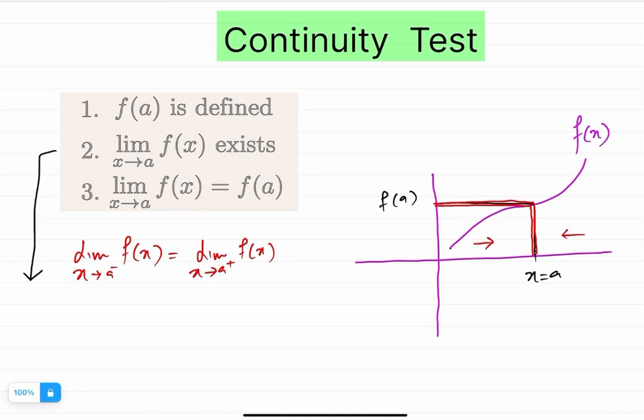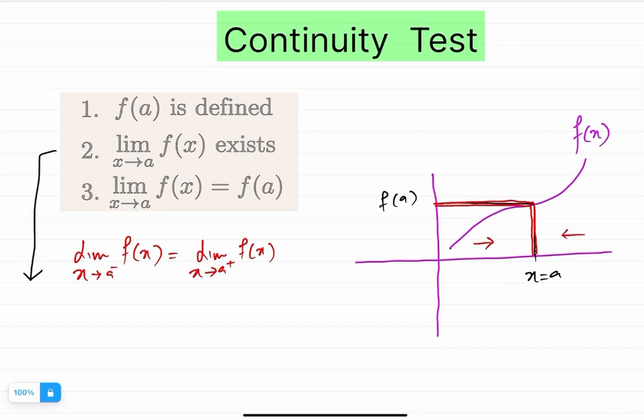Since the left hand side and right hand side limits are equal, we say that the limit exists. The third one is, if the output that you got from the function and that of the limit are equal, we say that the function is continuous.